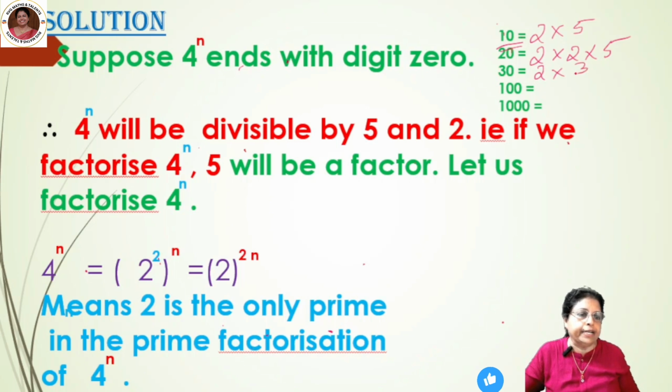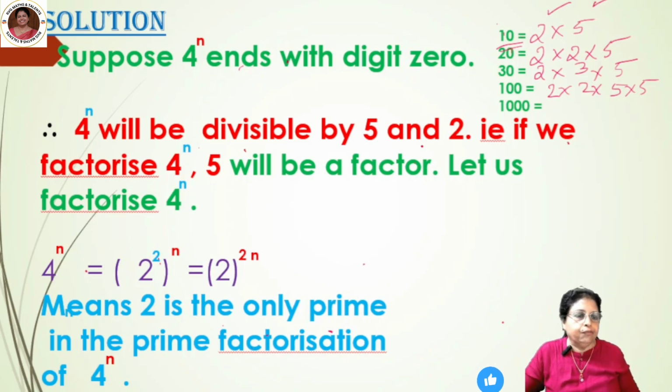2 times 3 times 5. 100 is 2 times 50, and 50 means 2 times 25, that means 5 times 5. Then you can see in all these cases 2 and 5 are prime factors.